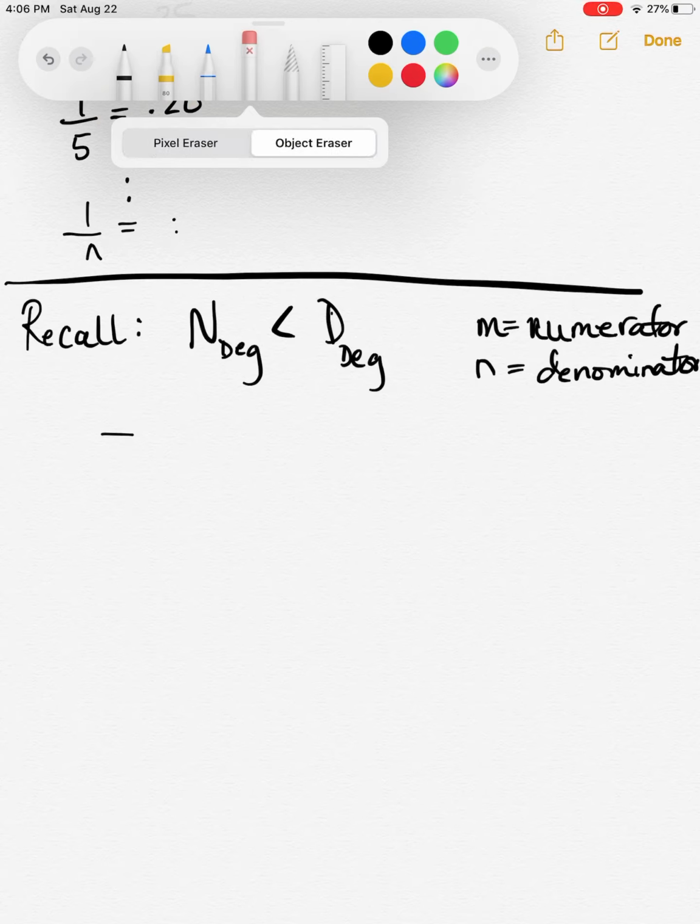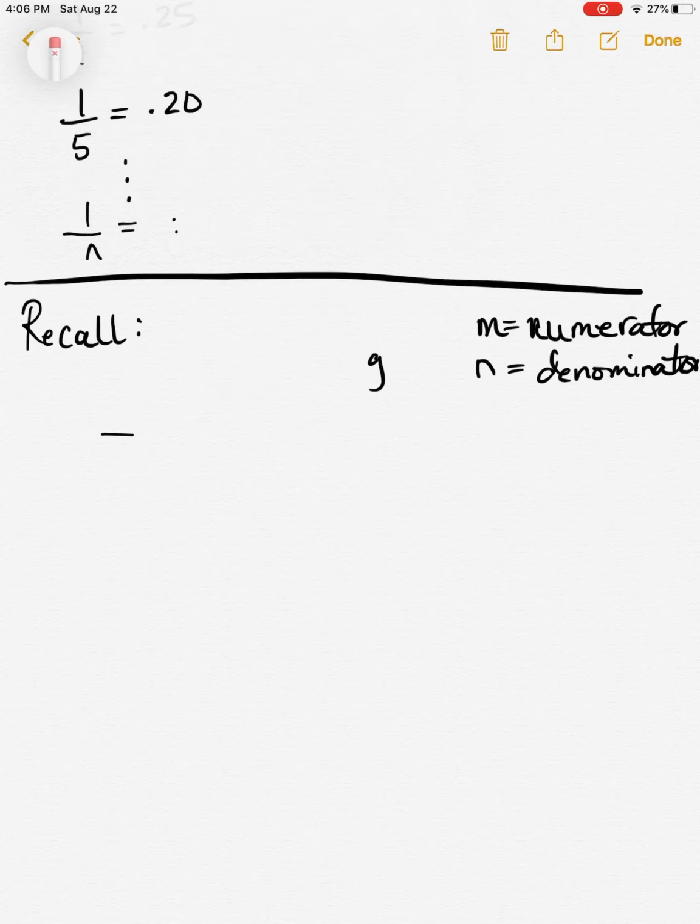We know that m represents numerator and n represents denominator.